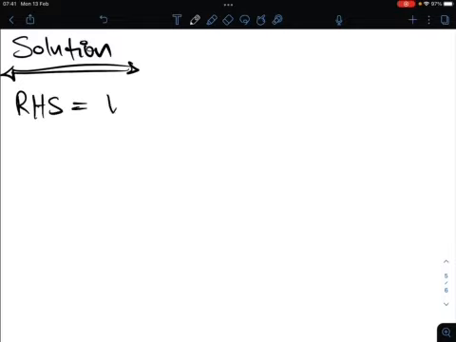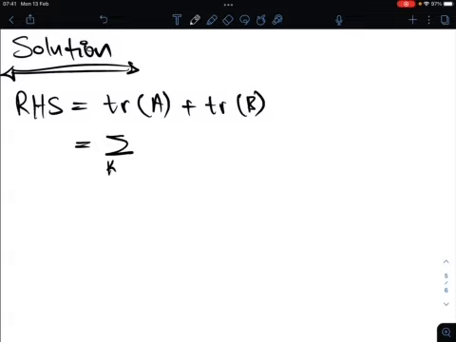The right hand side talks about the trace of A plus the trace of B. According to the definition of the trace, this means we are talking about the sum from k equals 1 to n of a_kk plus the sum from k equals 1 to n of b_kk. That's what it means according to the definition of the trace.